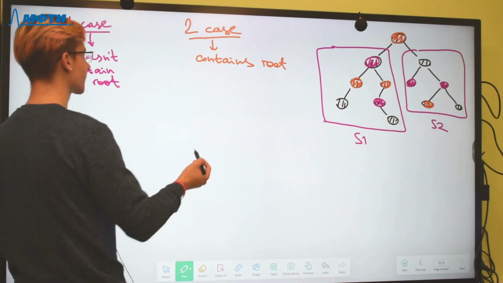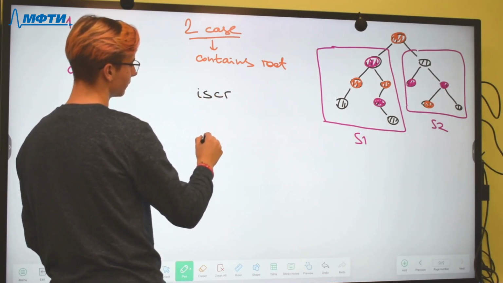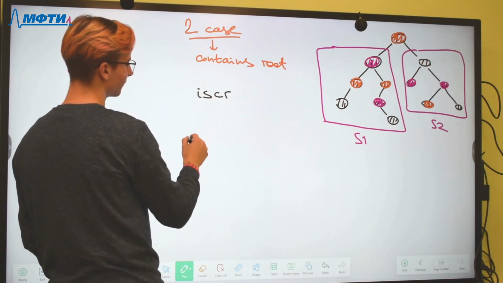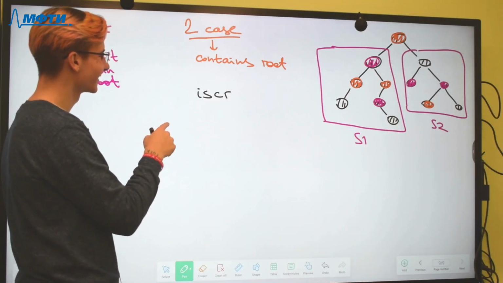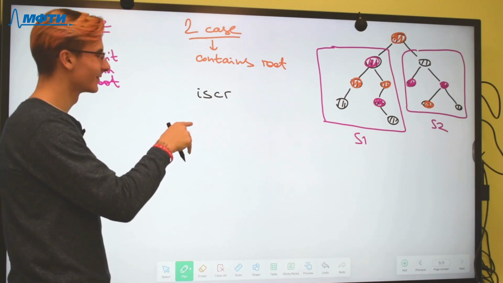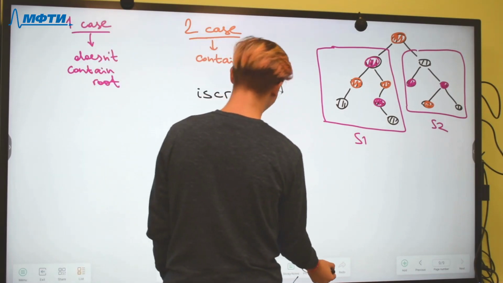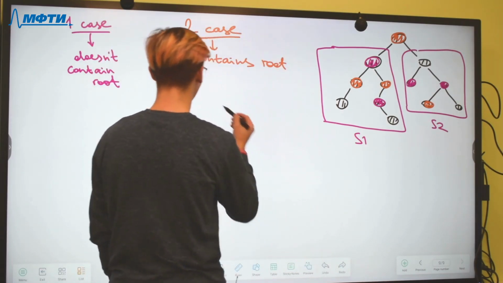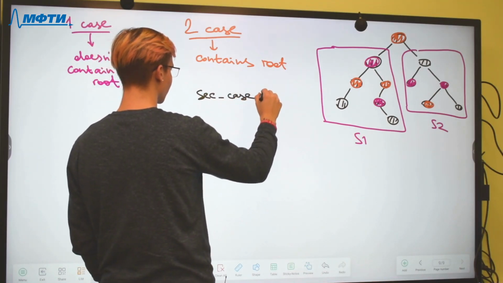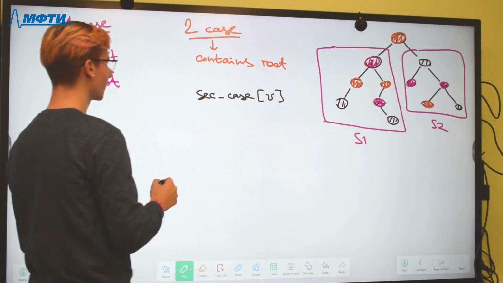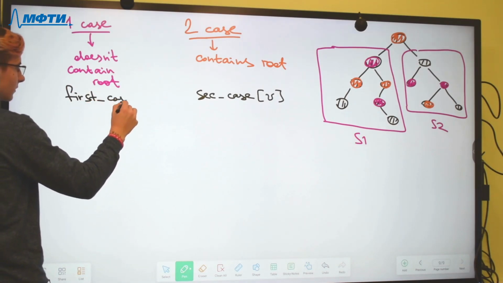For example, the independent set that contains the root, I think it is understandable, and the second case array. And the first case array.